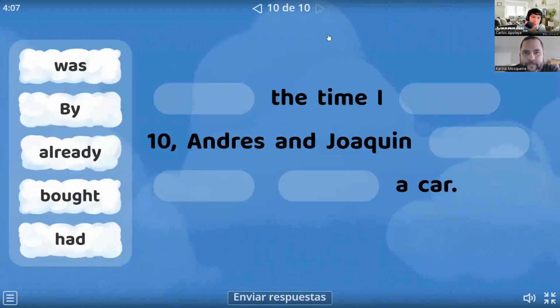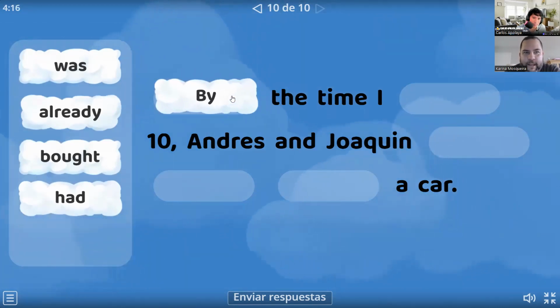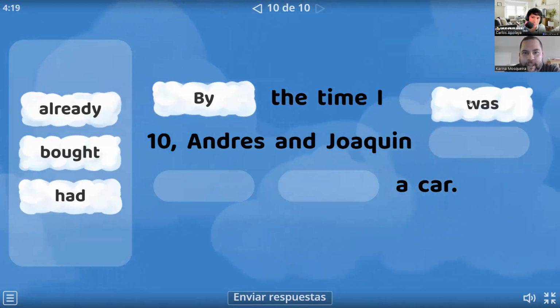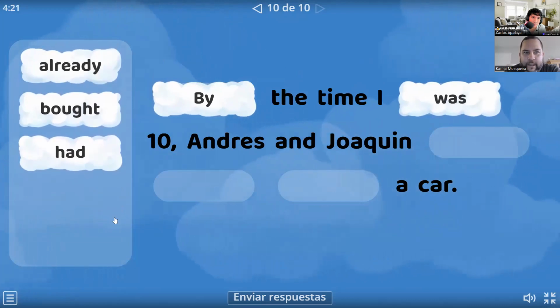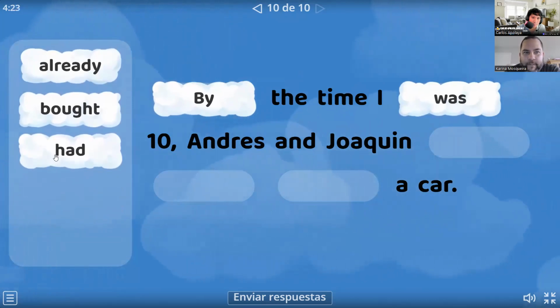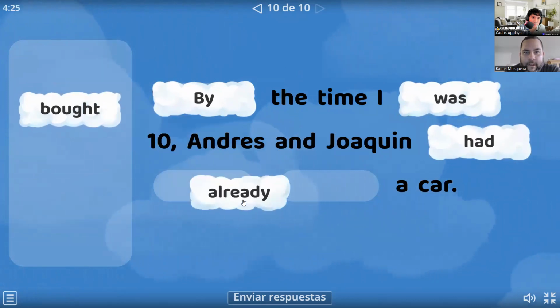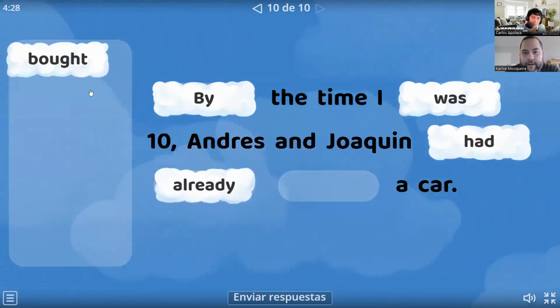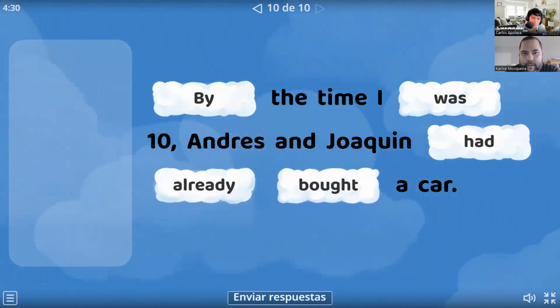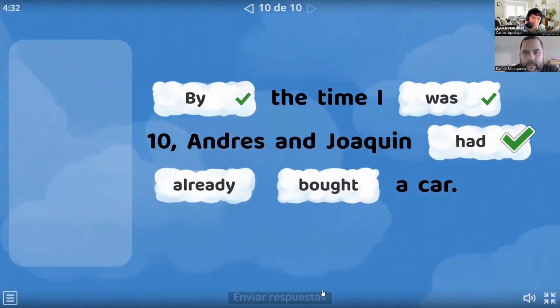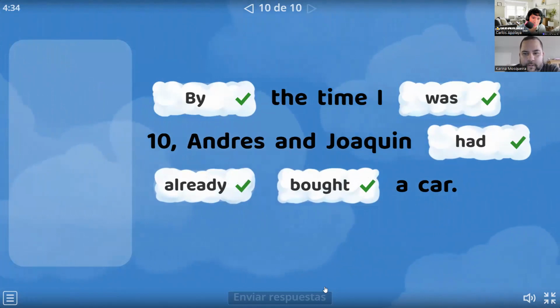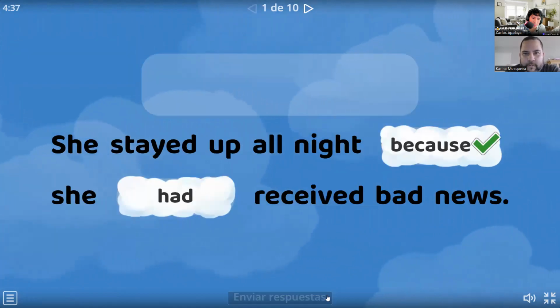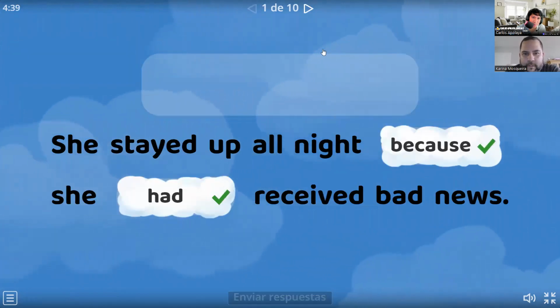Next: by the time I was 10, Andres and Joaquin had already bought a car. A ver, vamos a checar. Yes, todo está muy bien.